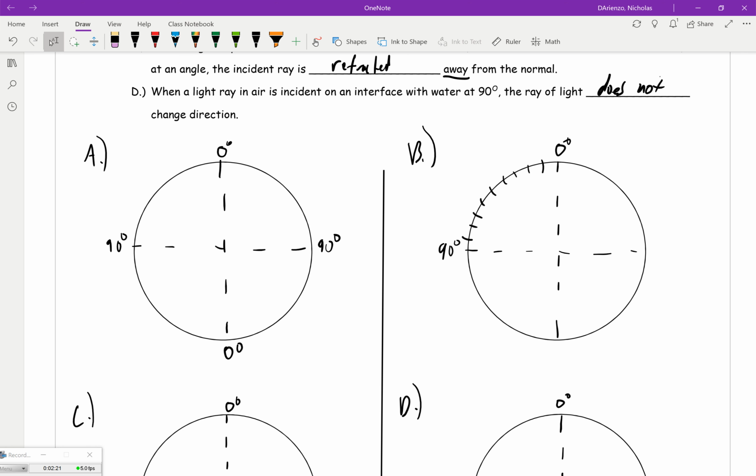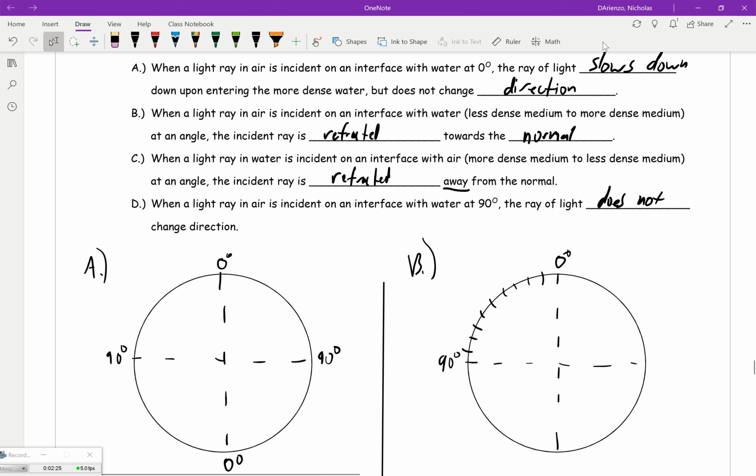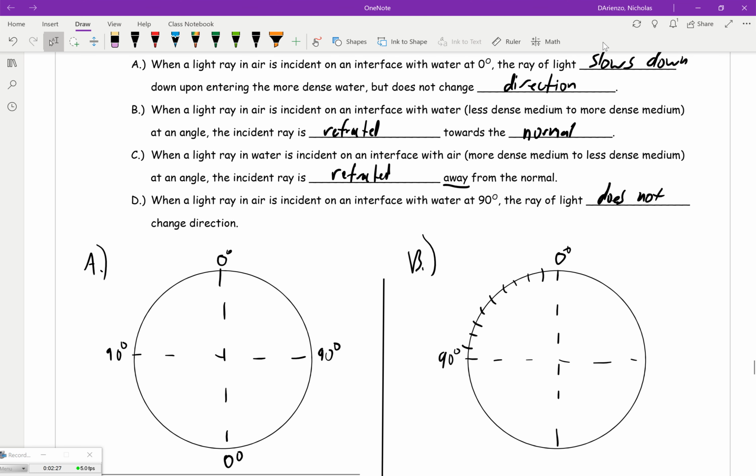So the first scenario, what we have is a light ray in air incident on an interface with water at 0 degrees. So let's call this upper portion of this circle air and the lower portion water. And we'll keep this the same orientation for the next three examples, the top part being air and the lower half being water.